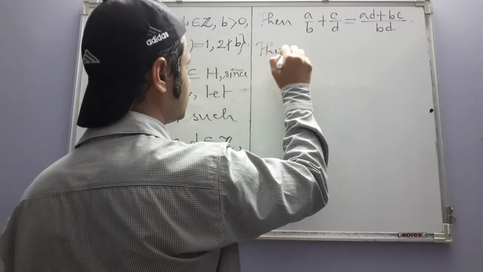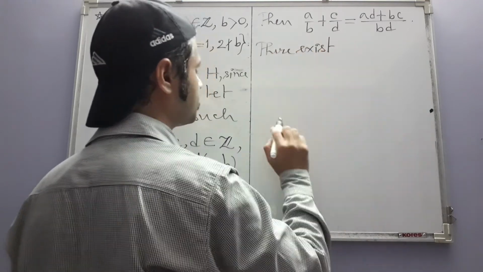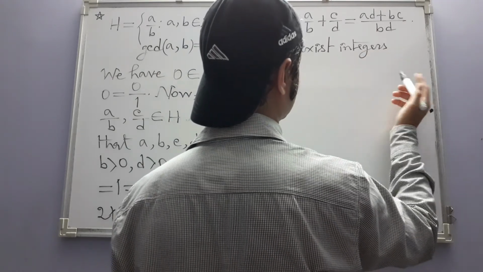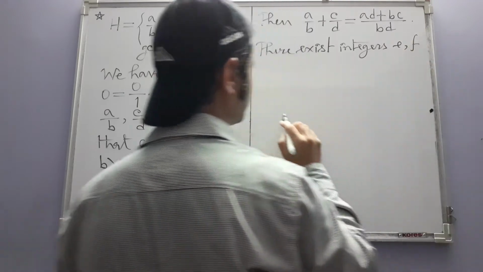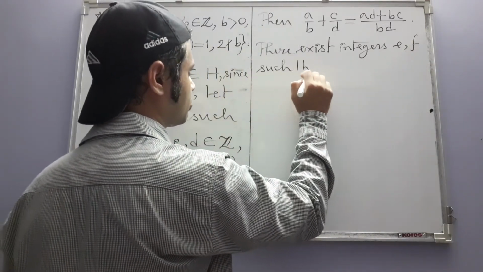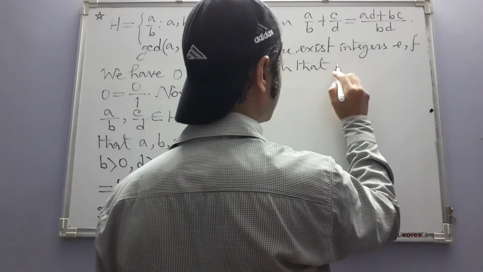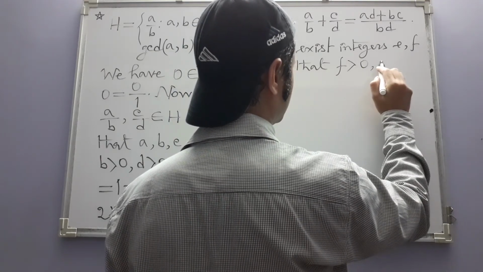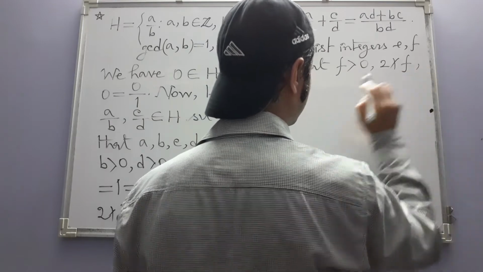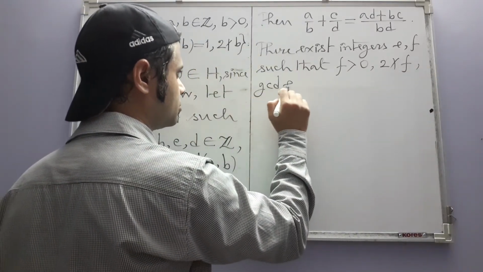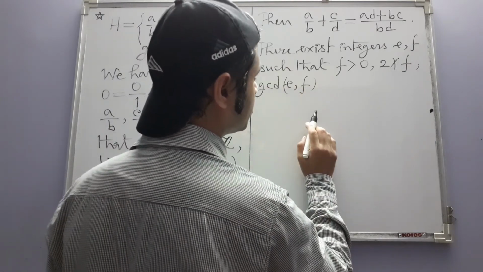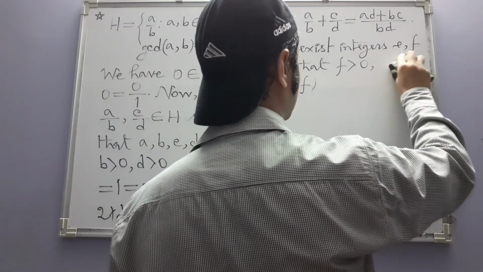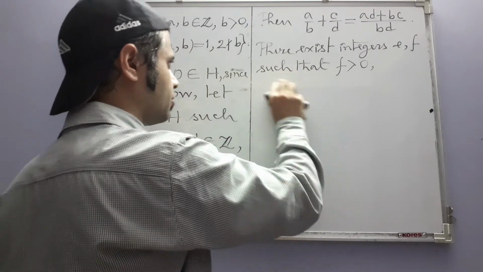There exist integers, say E and F, such that F is positive, 2 does not divide F, GCD of E and F. Wait, we cannot just simply write this 2 does not divide condition now.